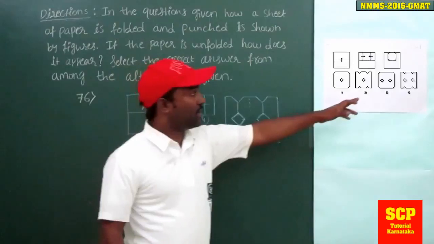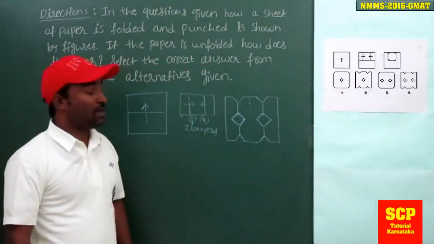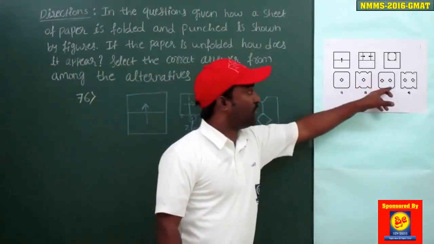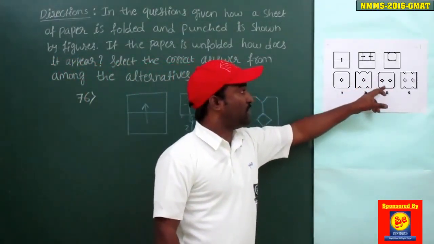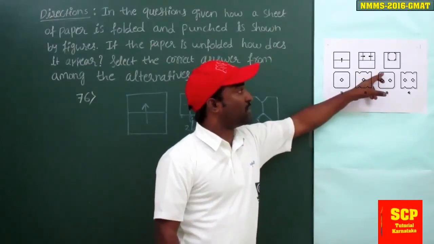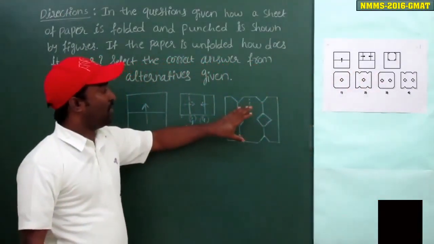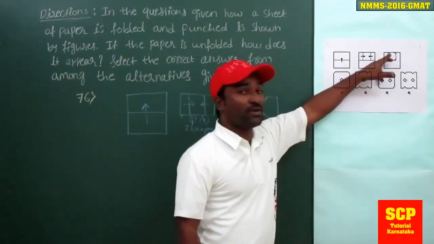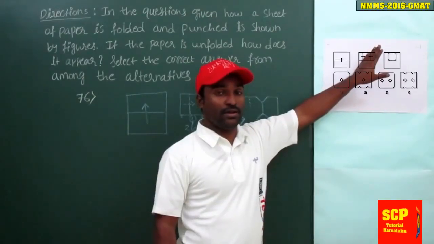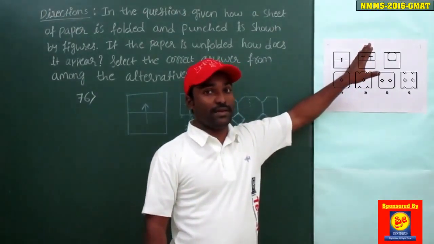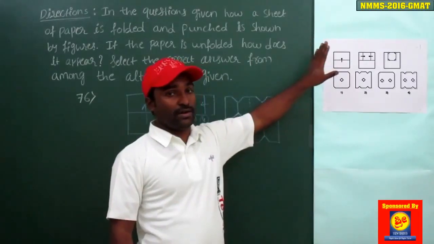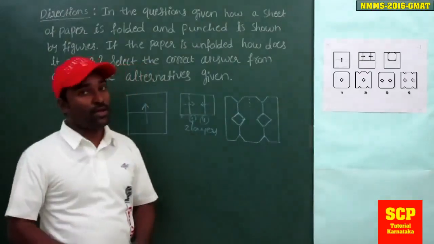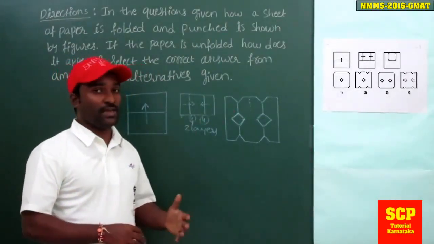Now in the third option you can clearly see 2 holes are present, but at the corners of the figure shown in the third option, these corners are cut, whereas in the given figure, the punch or cut is not at the corner. It is nearer to the center, not exactly at the corner. But the third option is showing it exactly at the corner. That means option 3 is also wrong. Left with only the fourth option, that has to be the right one.